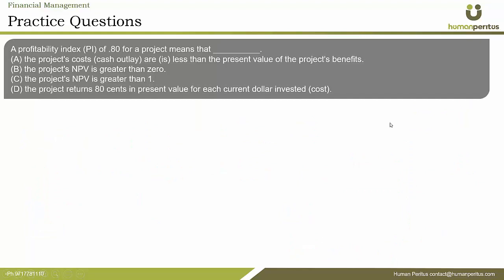Come on, guys. A profitability index of 0.80 for a project means what?